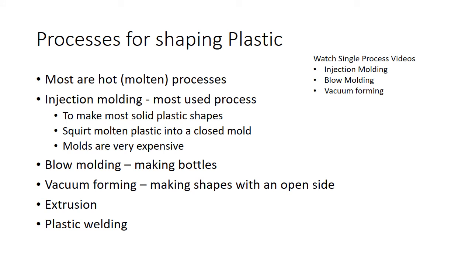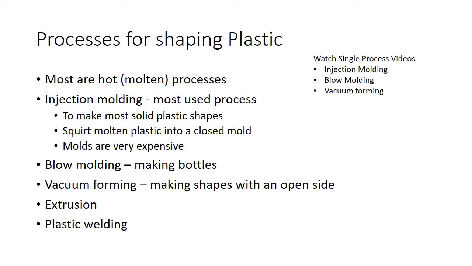I want to mention here about shaping plastics, and some of the plastic processes, the injection molding particularly, but the blow molding, vacuum forming can start molten. Well, not the vacuum forming.